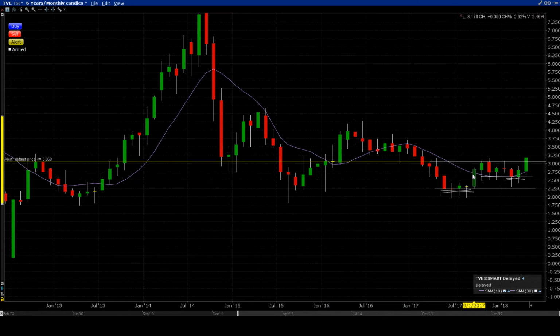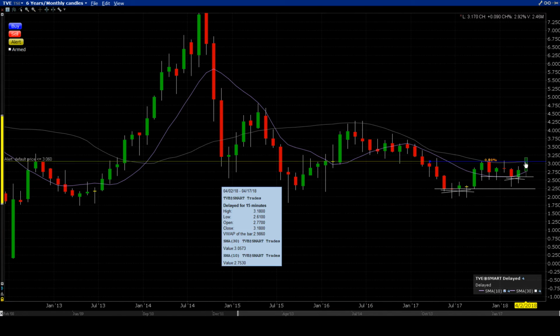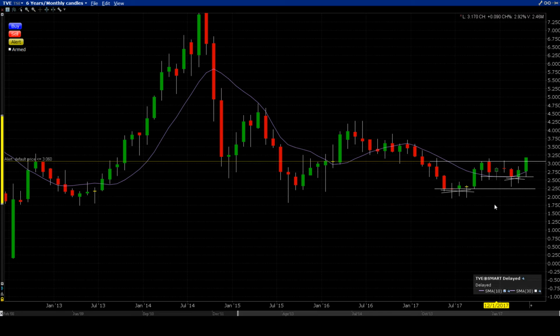And here we are. So right now, on the monthly candle chart, I have a nice pattern right here, and the breakout right here. If we can keep a close above $3, $3.06, then you have a breakout on the monthly candle chart.